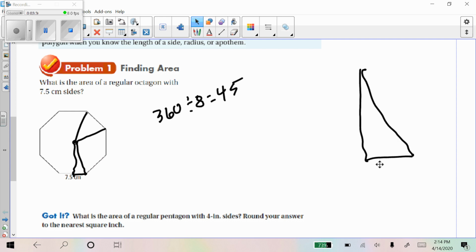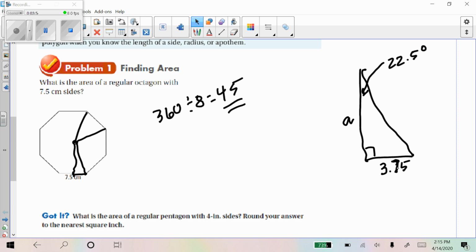So down here is half of the base, which is 3.75. And this is my apothem right here. And I know that this angle right here is going to be 22.5 degrees, half of this 45, which is the vertex angle. Now I have enough information, I can do a little trigonometry.